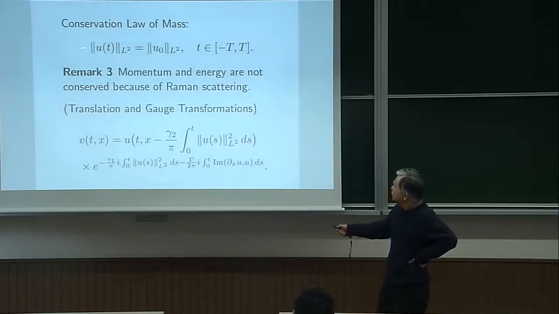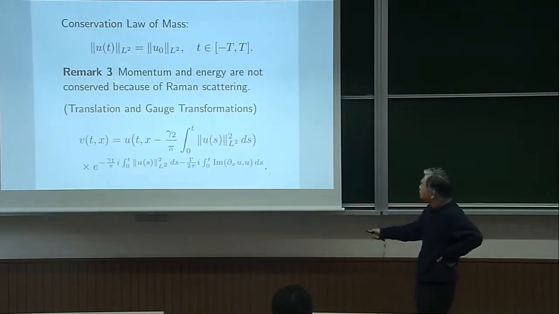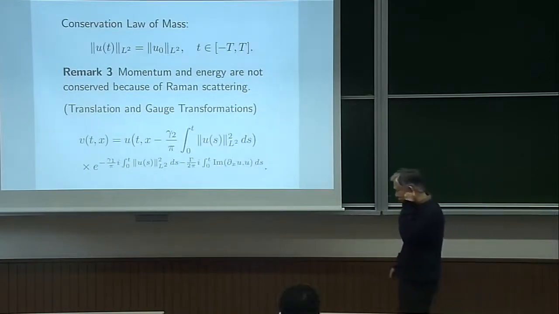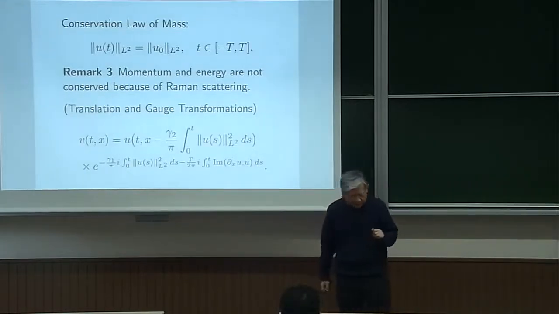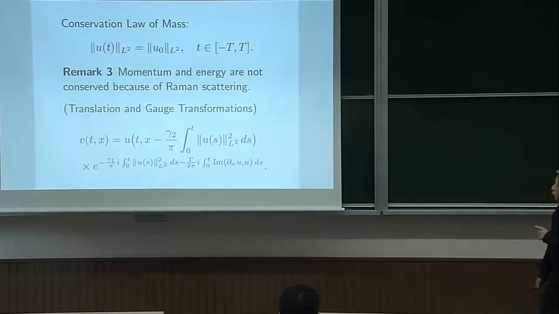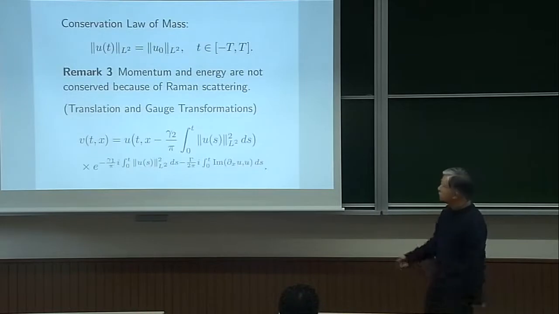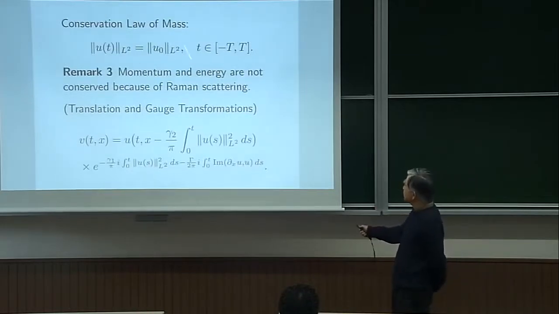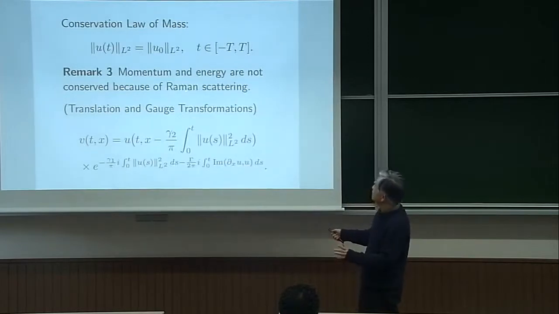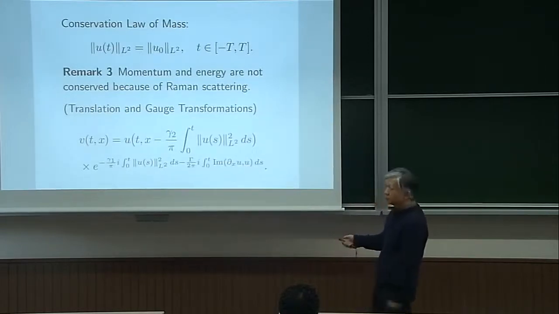Now, I would like to mention one remark about the conservation laws of the equation. The momentum and the energy are not conserved because of the Raman scattering effect. As I already told you, through the Raman scattering, the system in question exchanges energy with the external environment. So momentum and energy are not conserved. This is one of the reasons why the Cauchy problem is ill-posed.